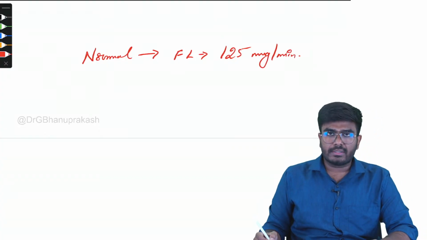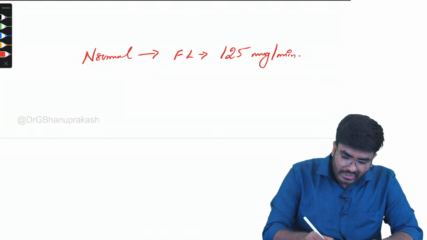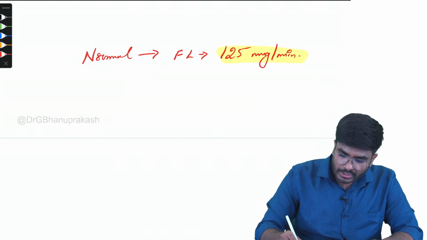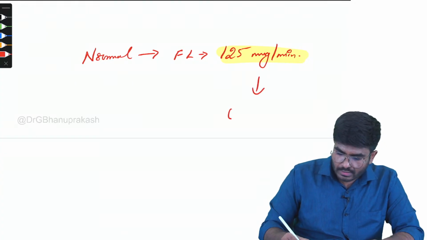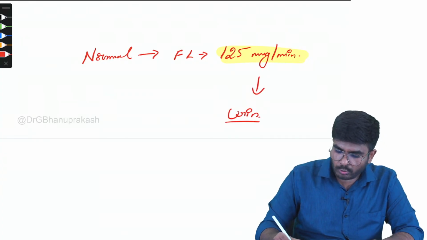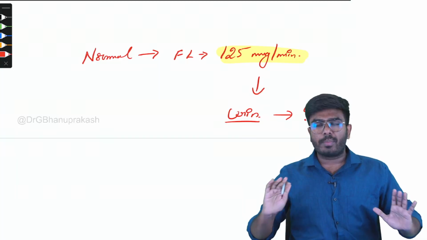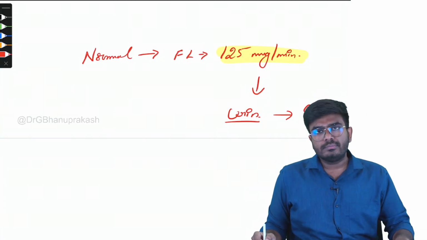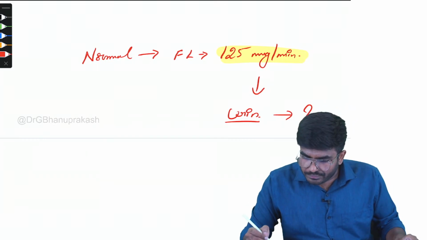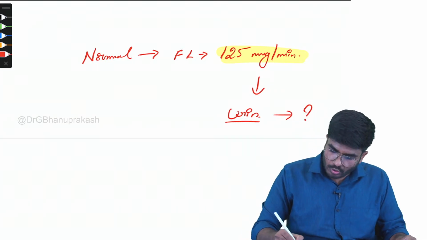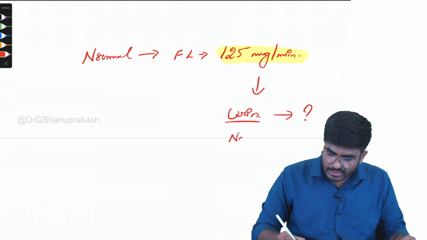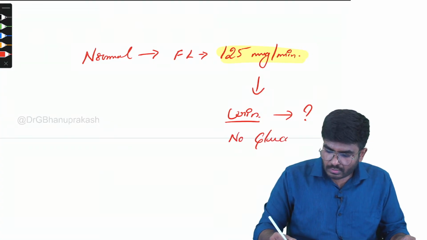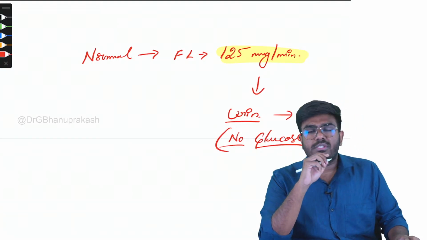Now, at this filtered load, can you see any glucose in the urine? My question is, in a normal person like you and me, will there be any glucose in the urine or not? No glucose, sir. Normally, there is no glucose in urine.